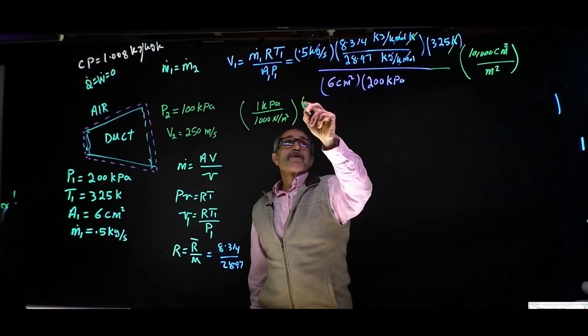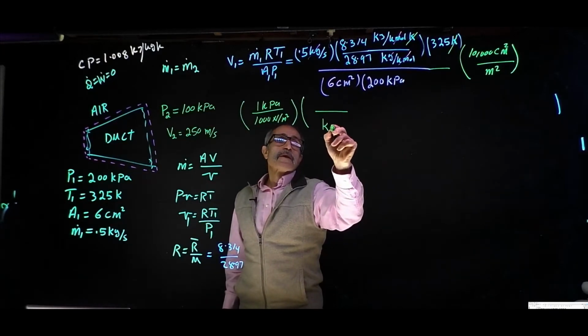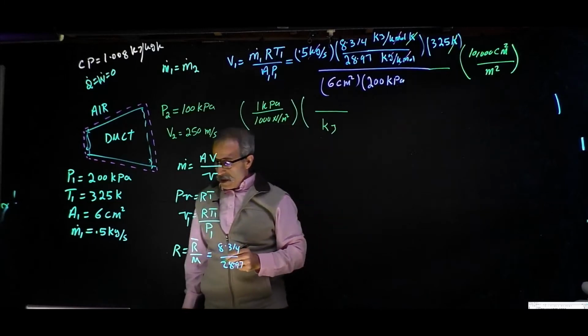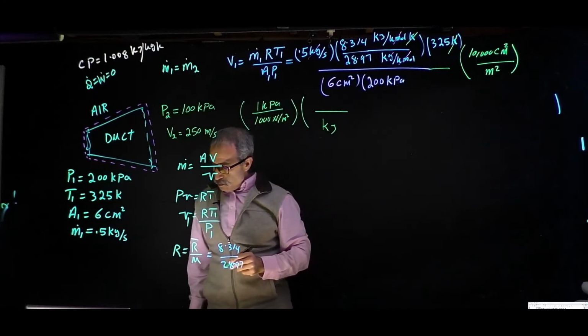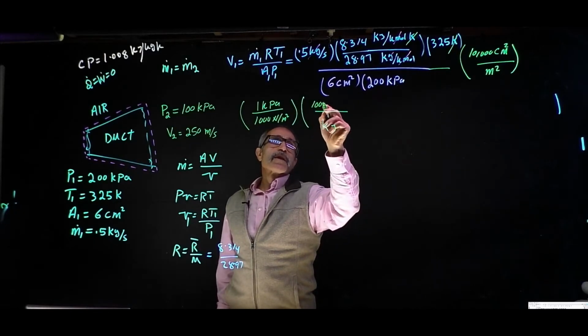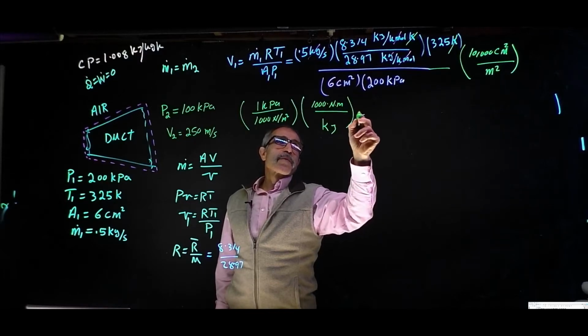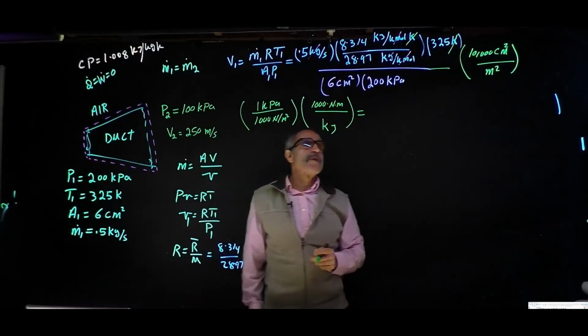So let's do a kilojoule. That's on the top, which means I'm going to go on the bottom for kilojoule. So we have 1,000 Newton meter is kilojoule. All right, now we can go ahead and work out our units.